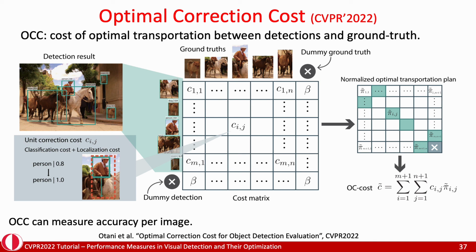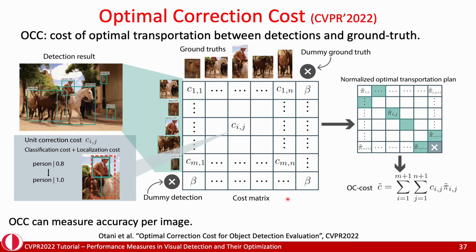So given a set of detections here and the ground truth items, they first construct a cost matrix. Each element in this matrix represents the cost of correcting that pair of a detection and the ground truth. And correction includes correcting its label plus its localization quality.